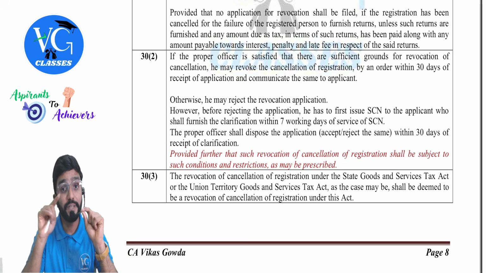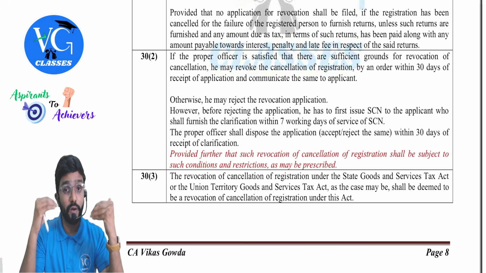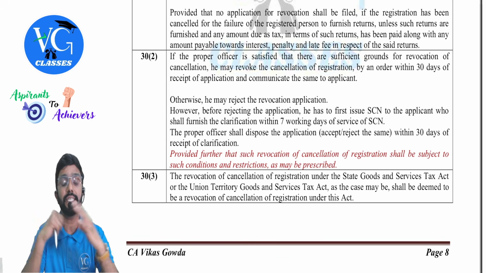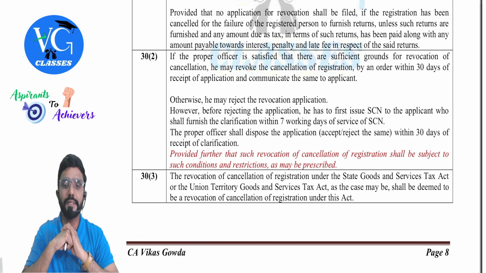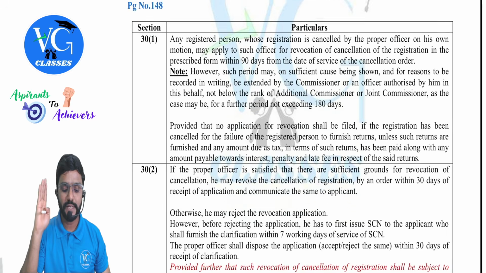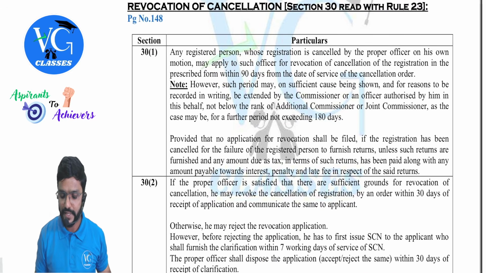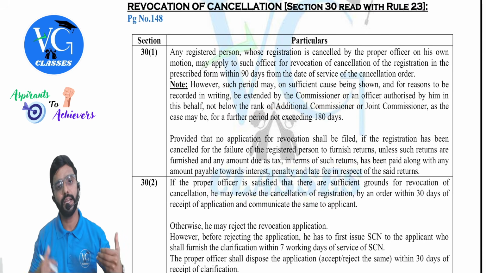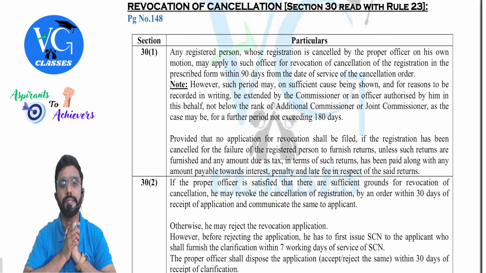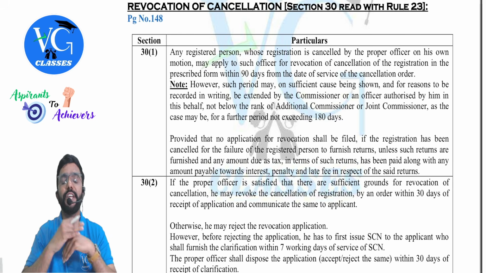That is, as per 29 subsection 2, when the proper officer has taken the initiative to cancel the registration of a registered person, once he receives the cancellation order, he will have 90 days plus 180 days time. That is, 90 is the regular time plus extension of maximum 180 days to make an application for revocation of cancellation.